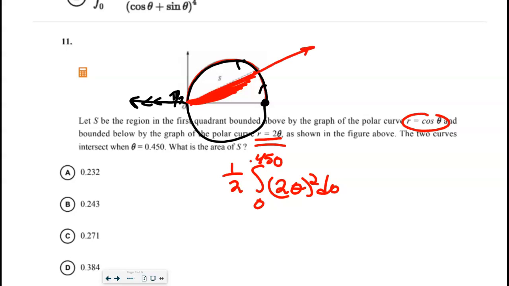Okay, that'll color in this. Once I hit 0.450, my outside function that gets hit changes. So I'm going to go from 0.450 to, and then be careful, because I bet one of these answers has a pi there, but cosine of pi halves is 0. It starts at 1, 0, and then all the way back to -1 at pi. So it does a full circle in the domain from 0 to pi, not 0 to 2 pi.